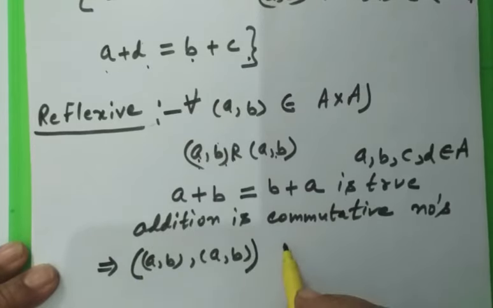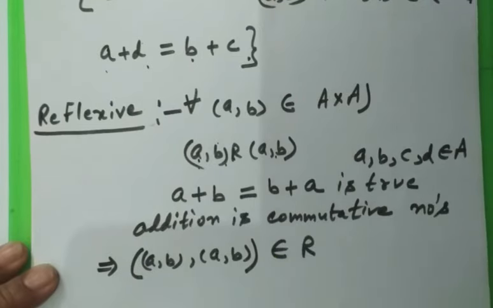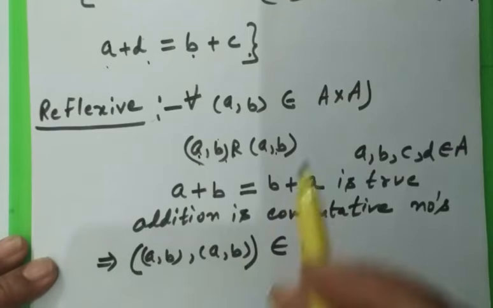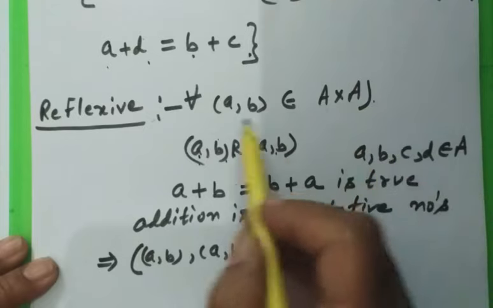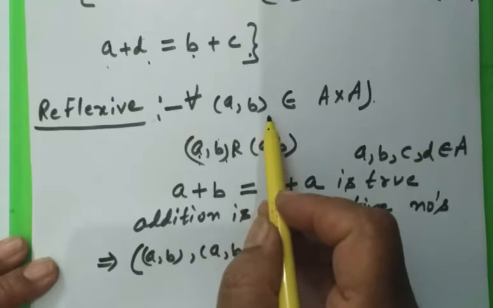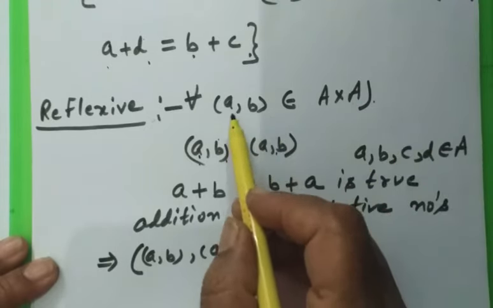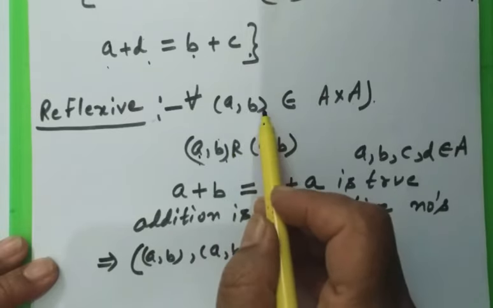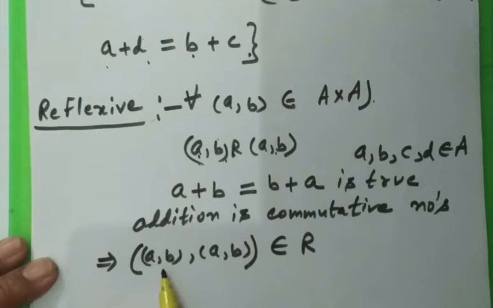pairs, belongs to R. See, in reflexivity we have to prove that every element of the base set is related to itself. The base set is A cross A, so any general element is AB. Of course A and B can be different, or the same. We are considering it as one element, and we have to show that this element is related to itself.